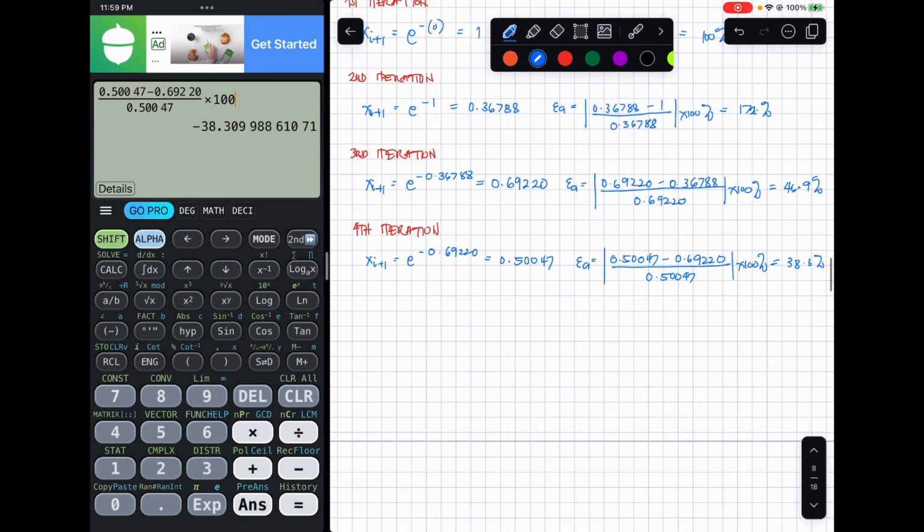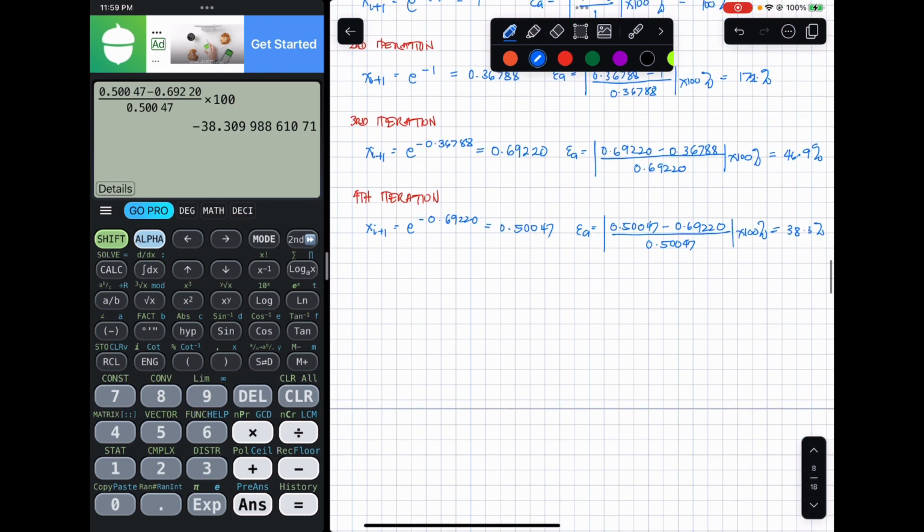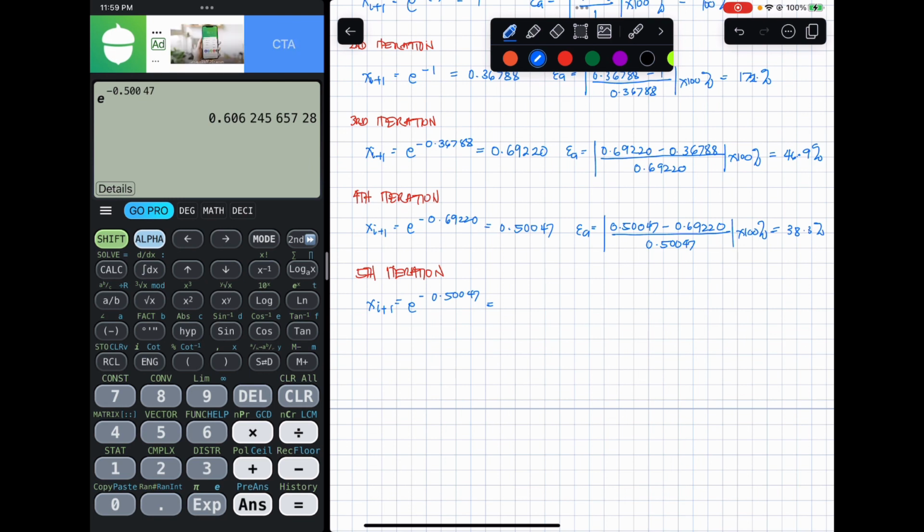Okay. So still far from 0.2. The process is simple, but the convergence is a bit slower. So x sub i plus 1 is equal to e raised to negative 0.50047, which makes it 0.60625.